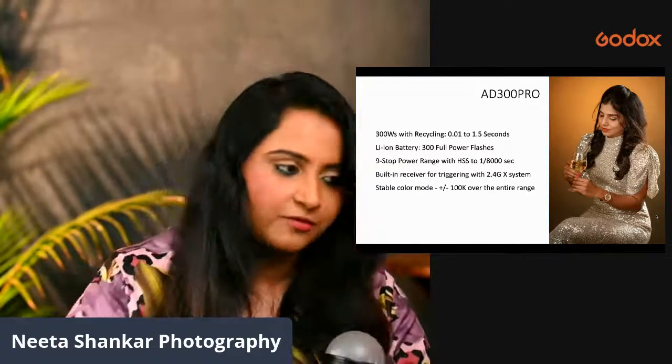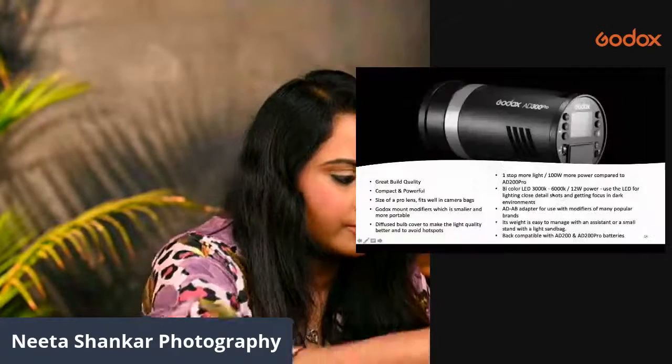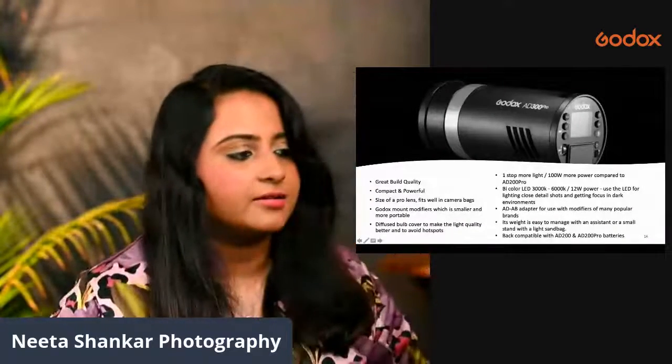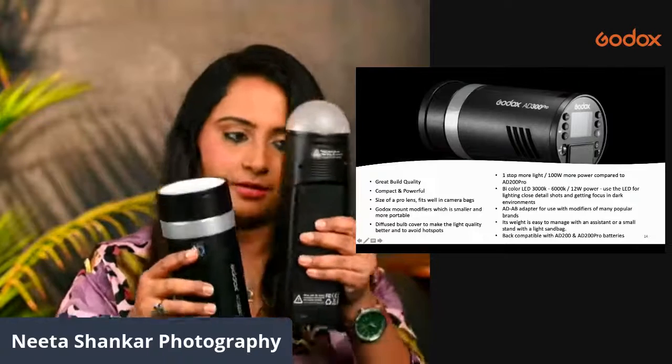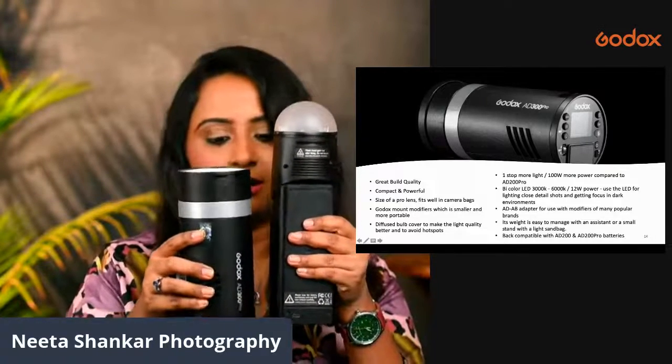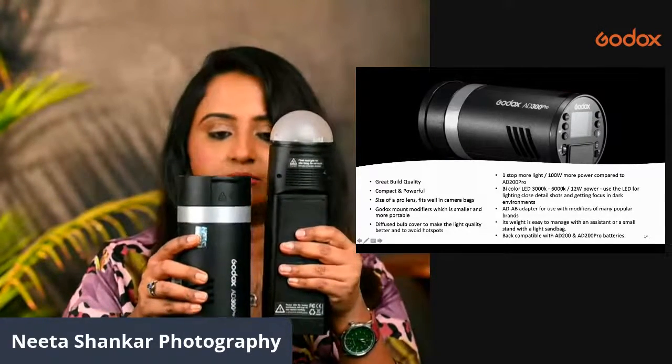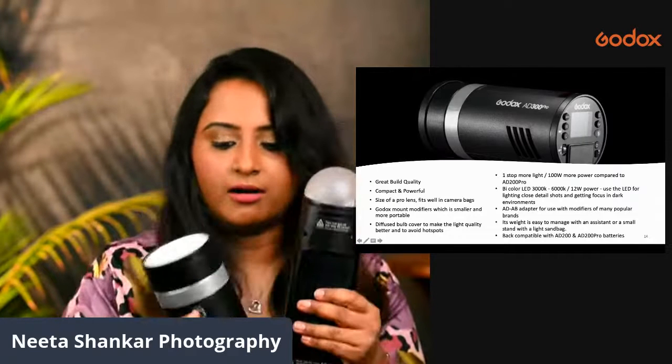So if you look at the size, obviously the AD300 is shorter, but it's more round, and it's slightly heavier than the AD200, but it's still very, very compact.